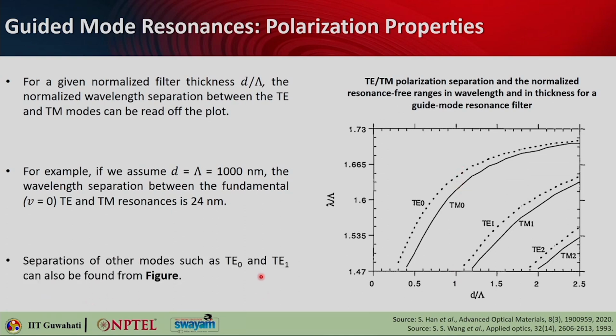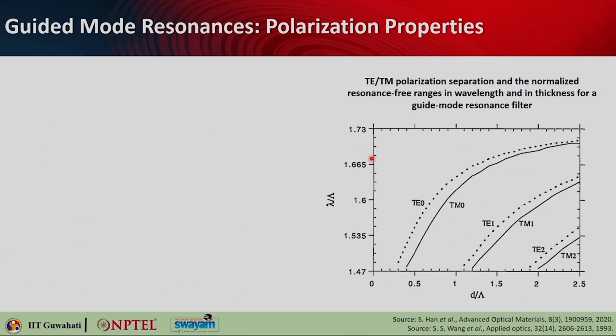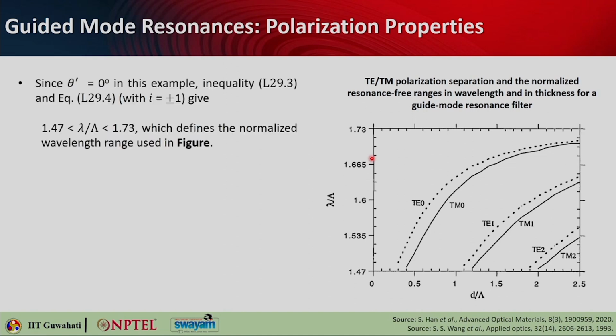Other kinds of separations, like between TE0 and, when you take this value, you can actually have TE1 mode as well as TE0 mode, and you can find out the lambda corresponding to these two resonances. So, this particular figure is very important because it gives you all these resonance positions, and also it tells you about the resonance free regions.